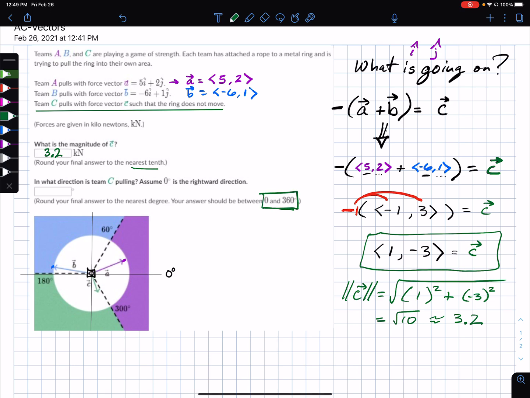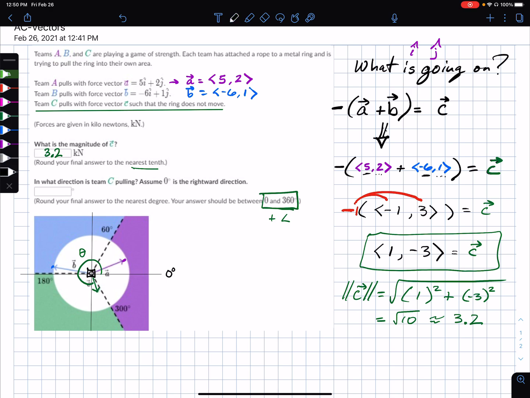One, we're in degrees. Yay. Two, it needs to be a positive angle. You can't just say negative 45 degrees or something like that. You have to read this direction angle as a positive angle between 0 and 360. So we're looking for that green theta that I just wrote on the graph there.